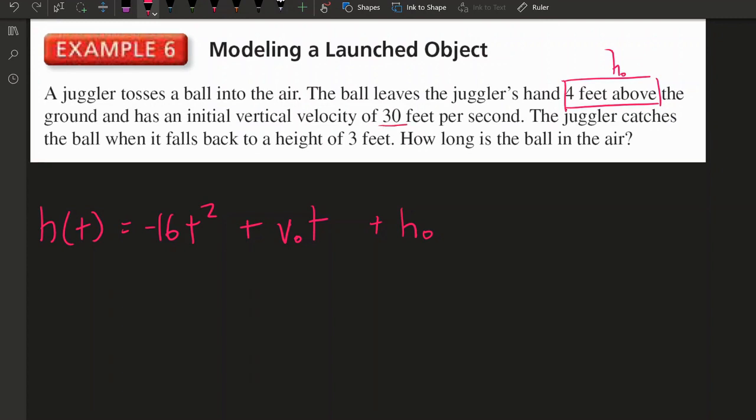The initial velocity of 30 feet per second, that's the initial velocity. And then it says we're going to catch the ball when it reaches 3 feet. That's the ending height, which would be h of t. How long is the ball in the air? I want to know what is t.